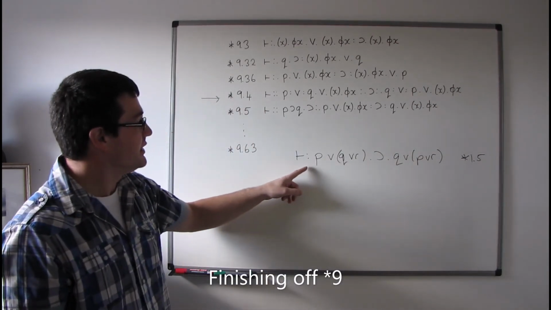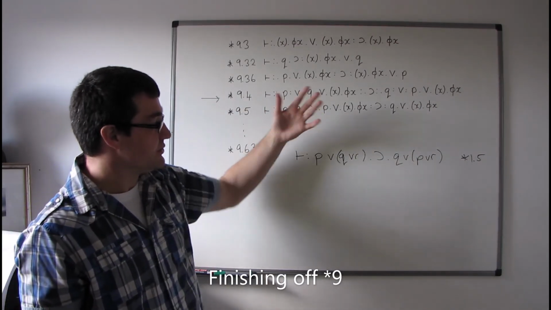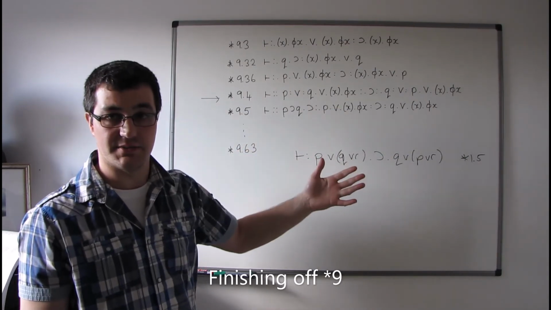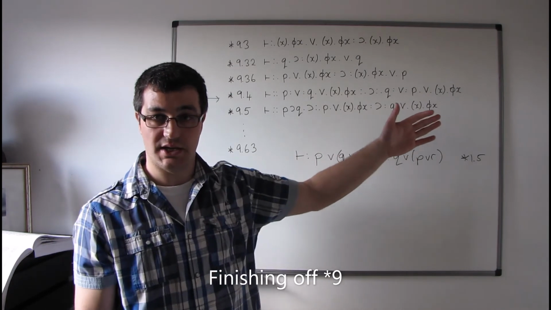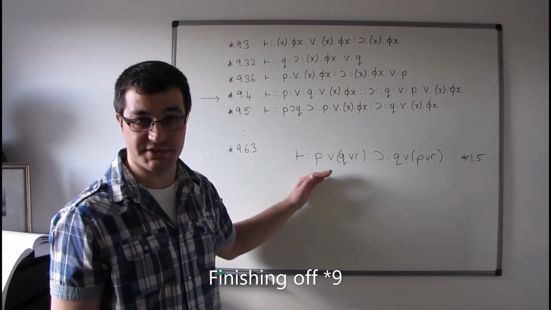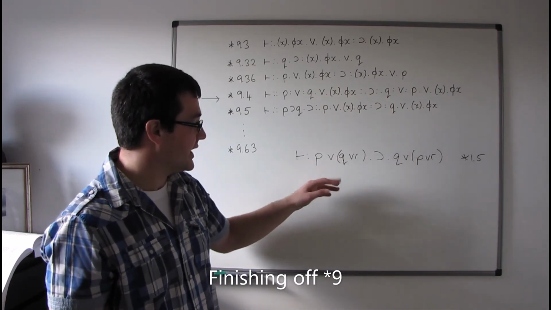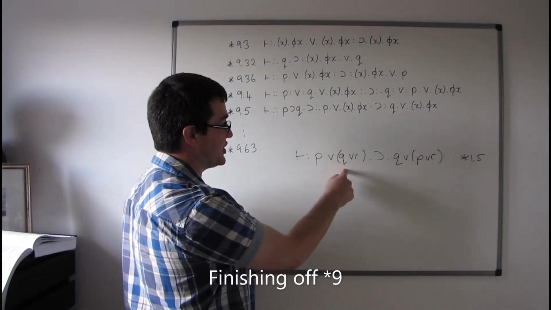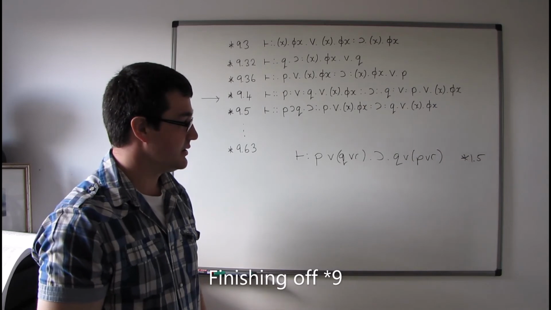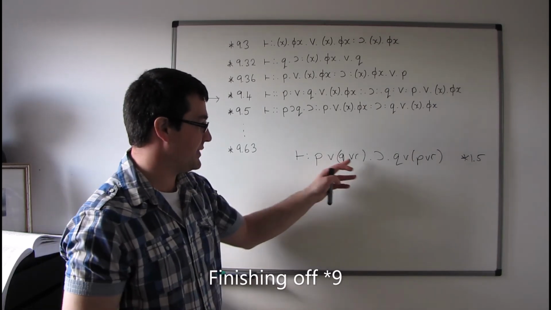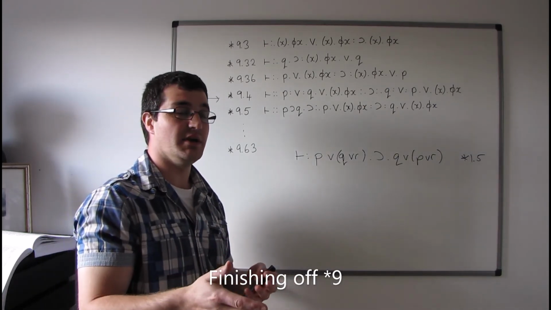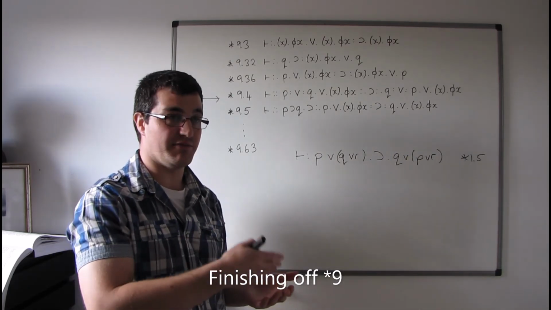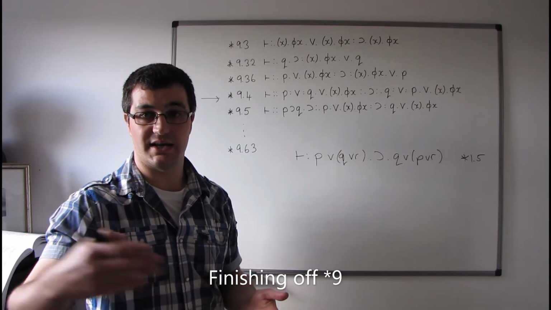Once we've done that, we can do the same thing. We can replace R with not phi x always, but phi x sometimes, and prove another analogous proposition. Then we can go on again to leave P and R unchanged and replace Q with phi x always, and then another one, leave P and R unchanged and replace Q with phi x sometimes. Then Q and R unchanged, replace P with phi x always, and then phi x sometimes.